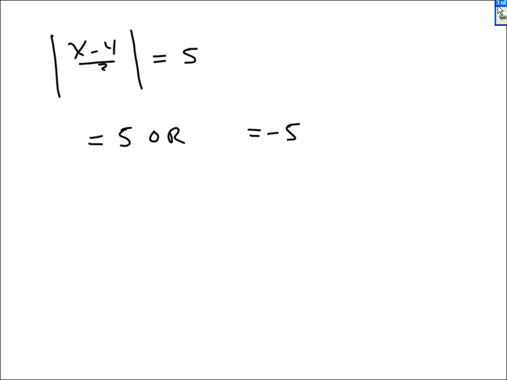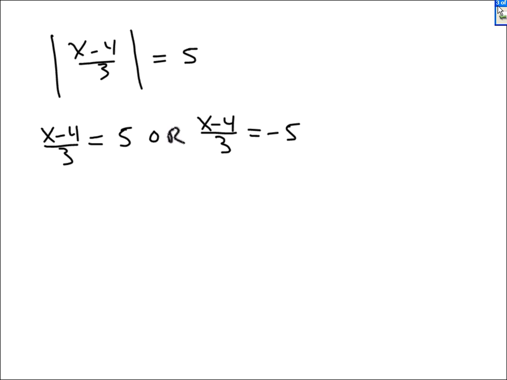And if I tell you the absolute value of what's in here is 5, well then you should know what's in there equals 5, or what's in between the bars equals negative 5. And if I tell you it's x minus 4 over 3, well then you should tell me what's in there is either equal to 5, or equal to negative 5.